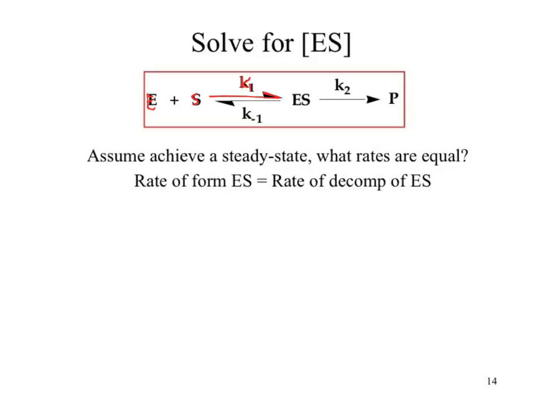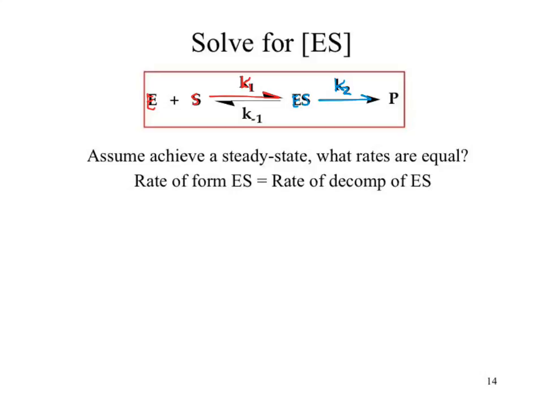Okay. Do we know the rate of decomposition of the enzyme substrate complex? So if we're looking at the decomposition, we're of course starting with our enzyme substrate complex. Okay. What things contribute to its decomposition? So number one, we do see a decomposition of K2. Okay. Enzyme substrate absolutely decomposes to form product.